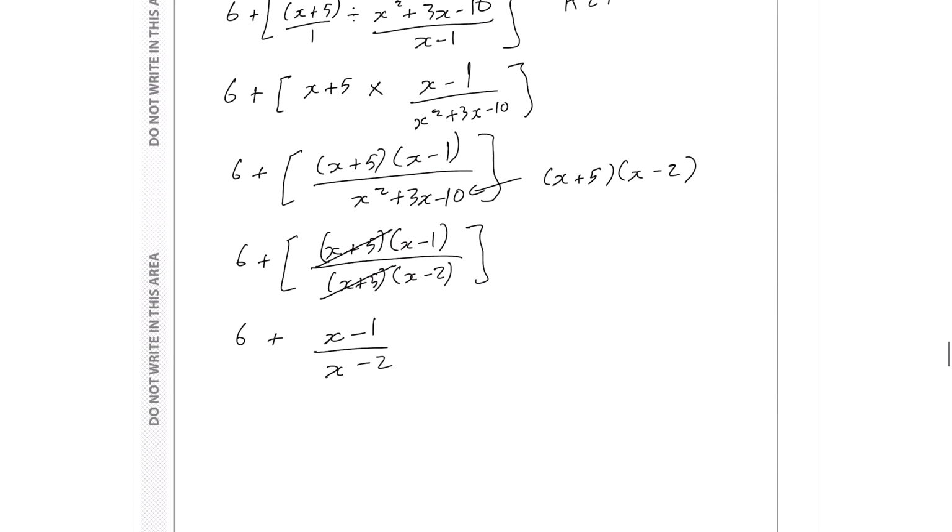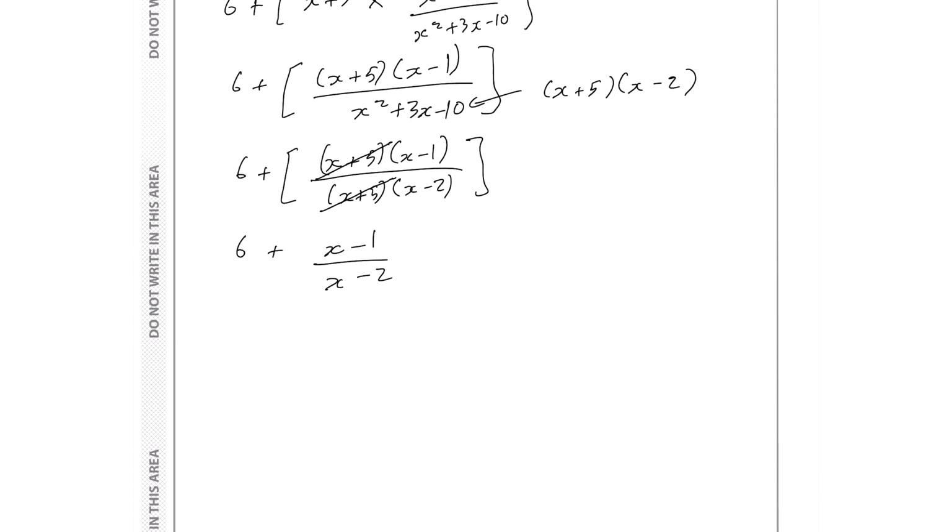Right, so again, we can make the denominators the same. I'll just use a different color for now to make it a little bit easier for us to see. So essentially, writing 6 is the same as writing 6 over 1. So we can multiply the top and bottom here by x minus 2, and that x minus 2 is basically coming from here. So if I just change the color on this, just so you can see where that x minus 2 is coming from.